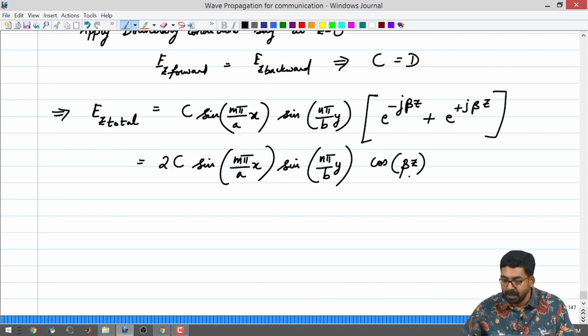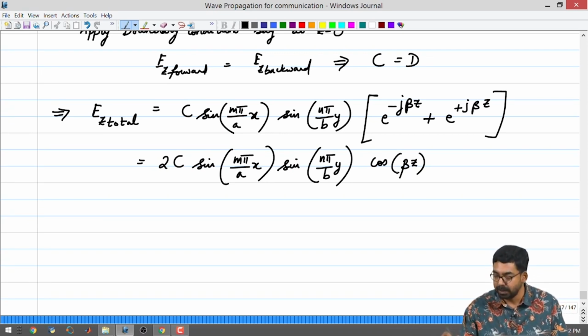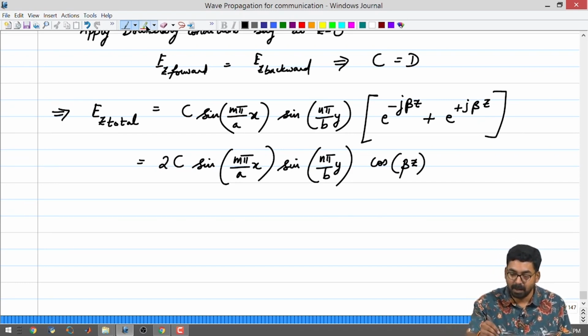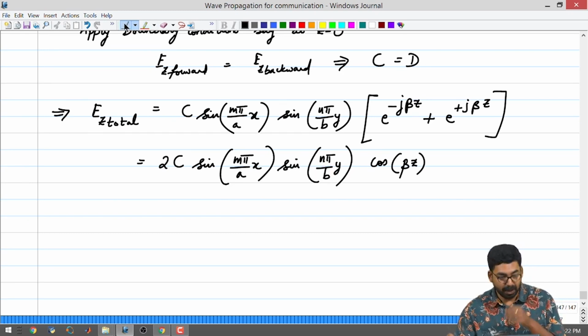Now, if you wanted to be more specific about this cos beta z, you can once again apply boundary condition. Previously we had applied it at z equal to 0. Now, in order to get a better description of what this beta z could be, we can do the same things that we had done for the rectangular waveguides to arrive at m pi by a into x, n pi by b into y, which is simply using boundary conditions.